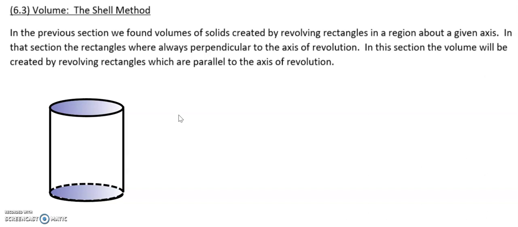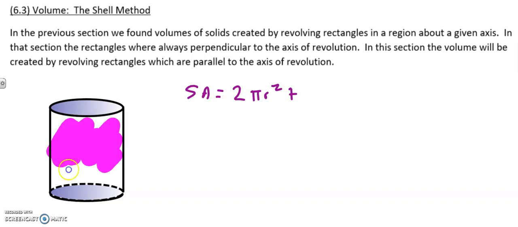Now, if you recall, the surface area of a cylinder can be calculated by saying that the surface area is equal to the two circles that are the surfaces, their areas, so you have 2 pi r squared, plus the surface of the wall, the wall area here, which would be all in here, right?